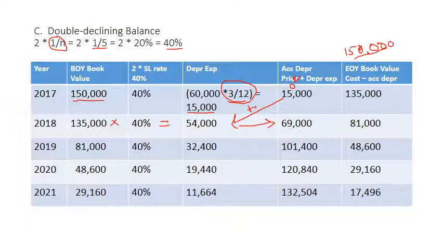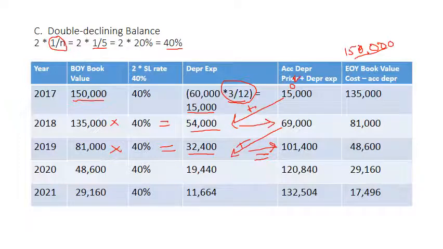And so the problem asked us to calculate the 2018 depreciation expense and the 2019 depreciation expense. So the 81,000 times 40% gives us 32,400. So accumulated depreciation will be the 69,000 plus 32,400 equals $101,400.